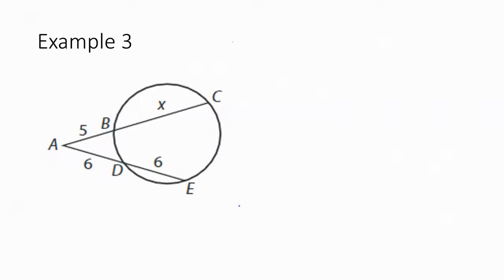So let's look at example 3. Let's solve for x. We have the whole guy, AC, which is x plus 5, times AB, which is the outer guy, and that should equal AE, which again is the whole guy, times the outer guy.